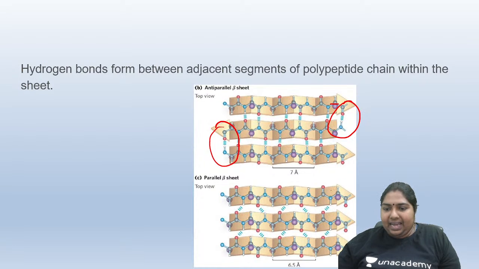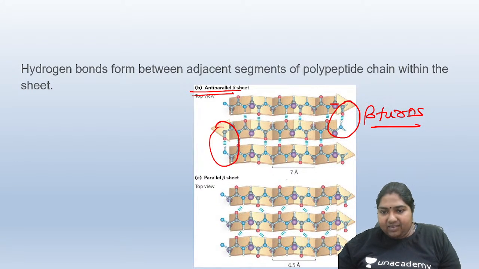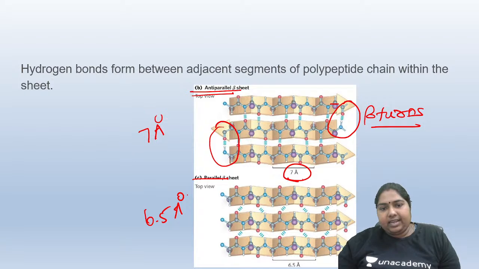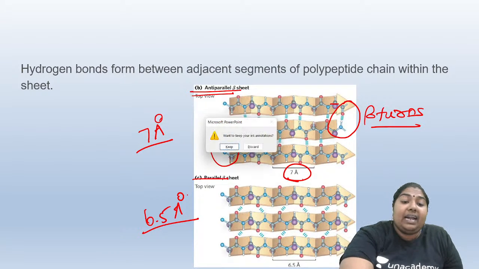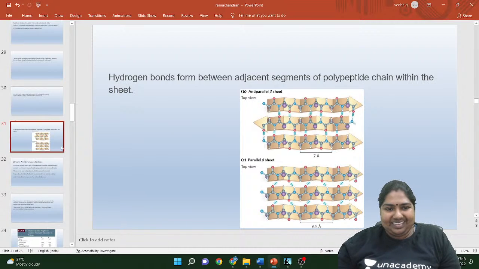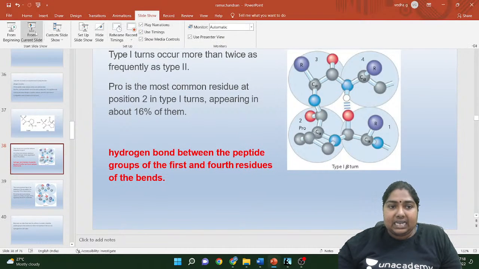In parallel also it is there, but these beta turns are very prominent with the anti-parallel one only. And remember, anti-parallel is 7 angstrom long, parallel is only 6.5 angstrom long. Why am I telling all this? You will be getting questions where you have to make use of these points. Got it? Okay.